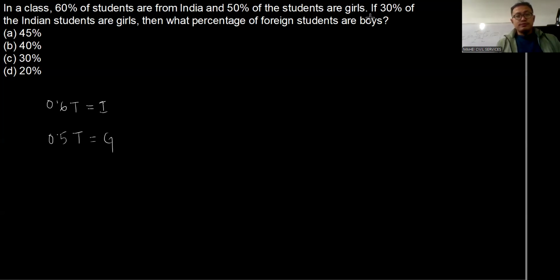If 30% of the Indian students are girls, then 0.3 times I is equal to Indian girls. Then what percentage of foreign students are boys?